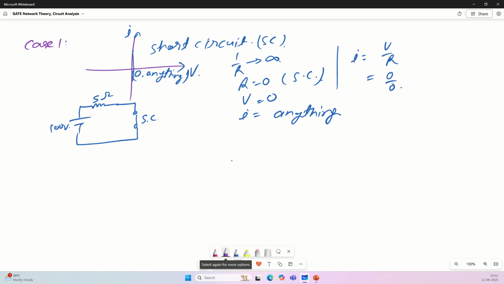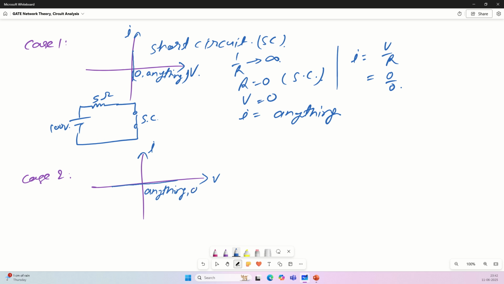Let us talk about case 2. Case 2 can be a possibility where the current is 0 but voltage can be anything. So this is my voltage and this is my current, and x-axis is anything and y-axis is 0 always.